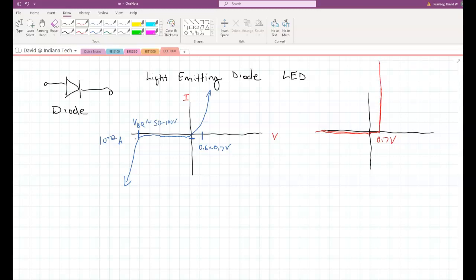So that's where it's acting as a switch. It's, quote, off over here, and then it's on over here. All right, so that's one aspect of it.